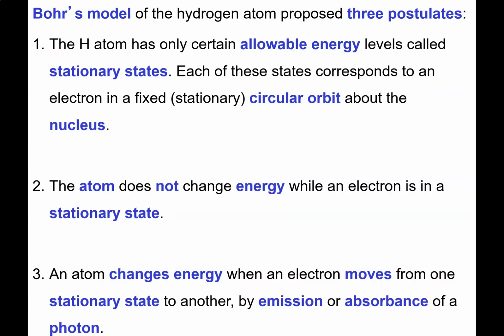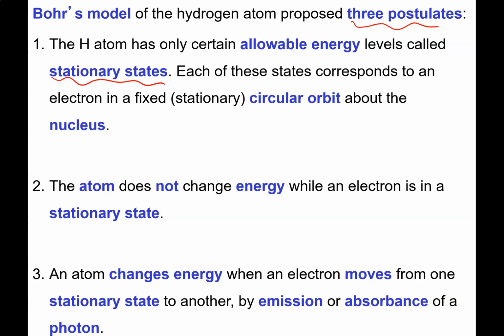So Bohr came up with a model of the hydrogen atom based around three key ideas. He said that the hydrogen atom only has certain allowable energy levels, and he calls these stationary states, because when the atom is in one of these stationary states, it neither gains nor loses energy. It's just kind of stable.